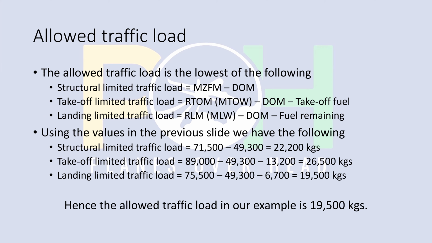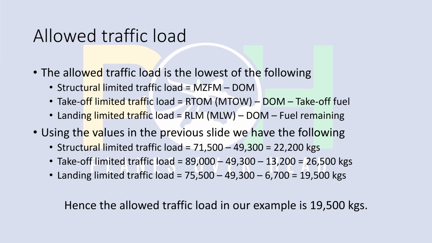Now, what is the allowed traffic load? How much traffic load can you take, how many passengers and how much cargo can you accommodate? Structural limit traffic load is equal to max zero fuel mass minus dry operating mass. Takeoff limited traffic load is equal to RTOM, basically regulated takeoff mass, or MTOW, minus dry operating mass minus takeoff fuel.